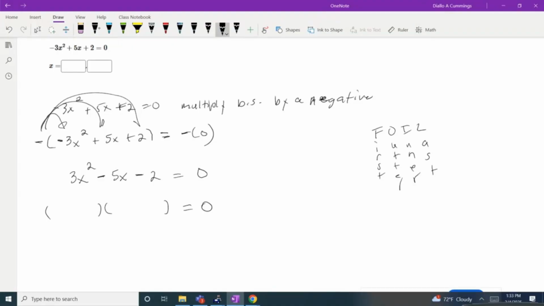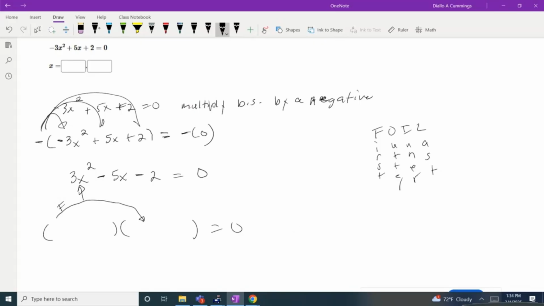Now, if you think back to the forward method, whatever you put as your first terms, when you multiply them, it's got to give you the first term in your trinomial.